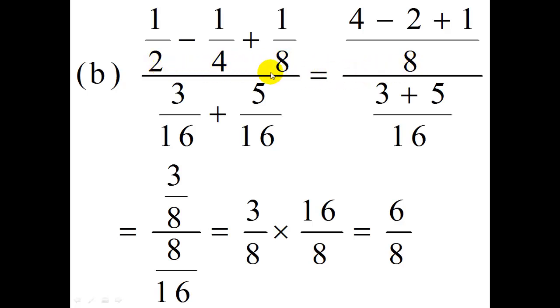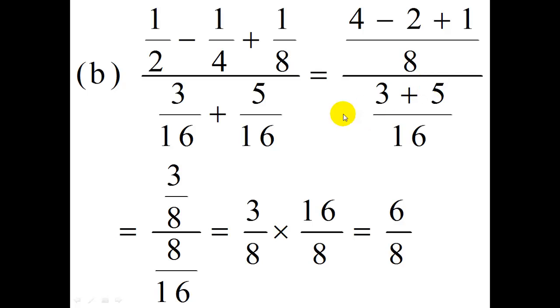So 2 goes into 8 4 times, 4 times the numerator 1 equals 4. 4 goes into 8 2 times, and 2 times the numerator 1 is equal to 2. Don't forget, we have a minus here because of our minus. Now plus, 8 goes into 8 once, and 1 times 1 will give us 1.